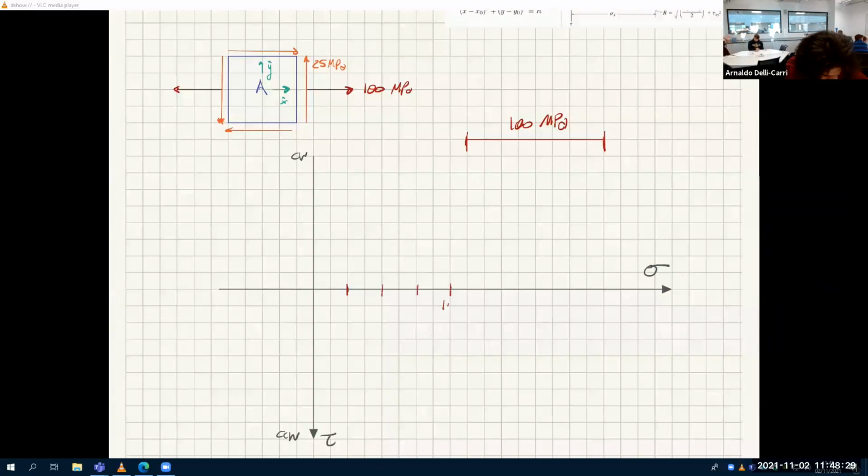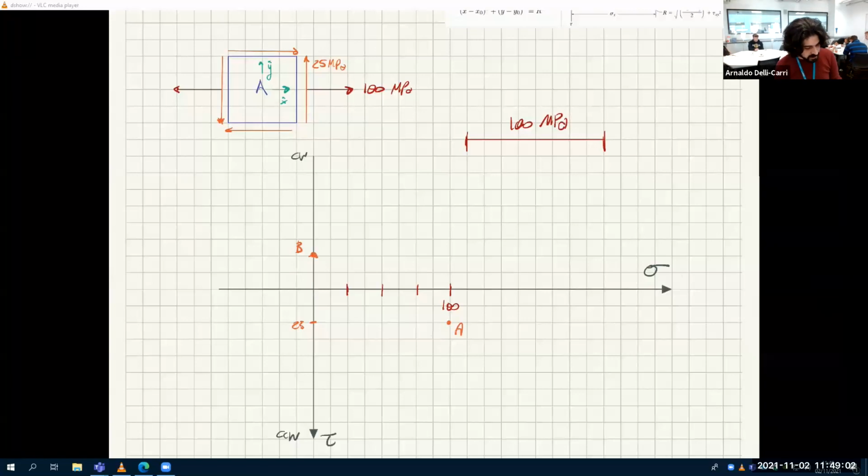This is 100 megapascals. Okay, so this is my unit. And then I have 25 positive, so it's here. So point A is here. Agreed? Point B is at 0, minus 25. So point B is here. Agreed?